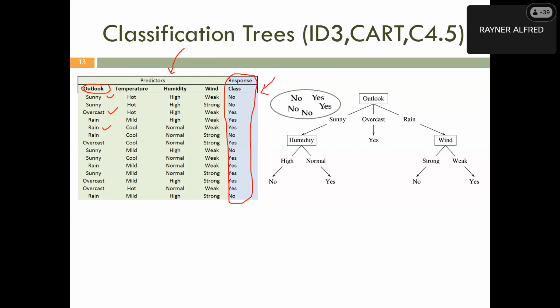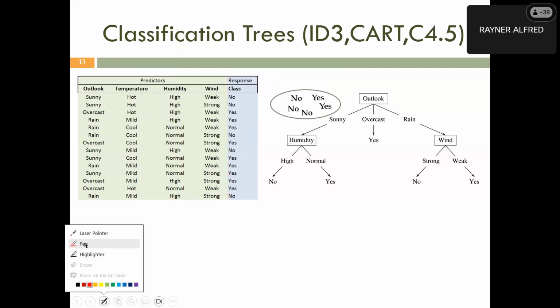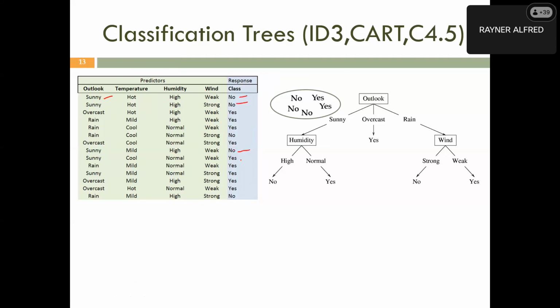Okay, sunny, let me erase. So we have 1, 2, 3, 4, 5. So we have 3 no and 2 yeses. Okay, for the overcast, we have 4 yeses. And then for the rain, we have 3 yes and 2 no.